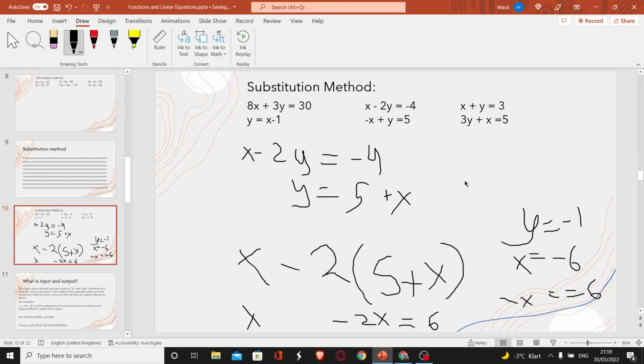I'll cross confirm this in this equation. x minus 2y is the same thing as -6 minus 2 times -1, which is -4, and here also is -4. So these values are correct.